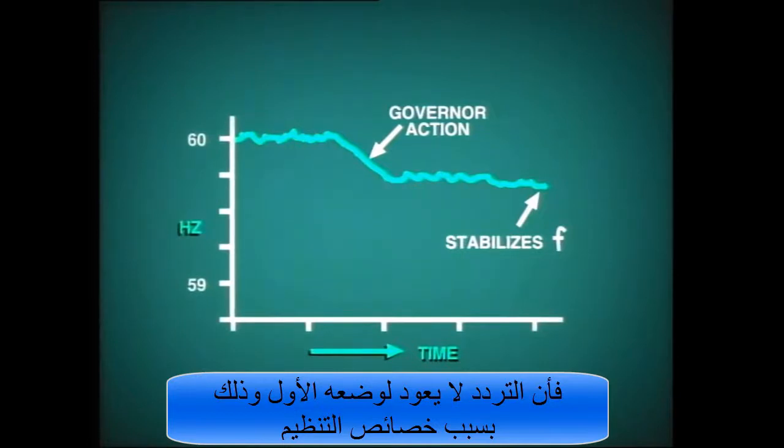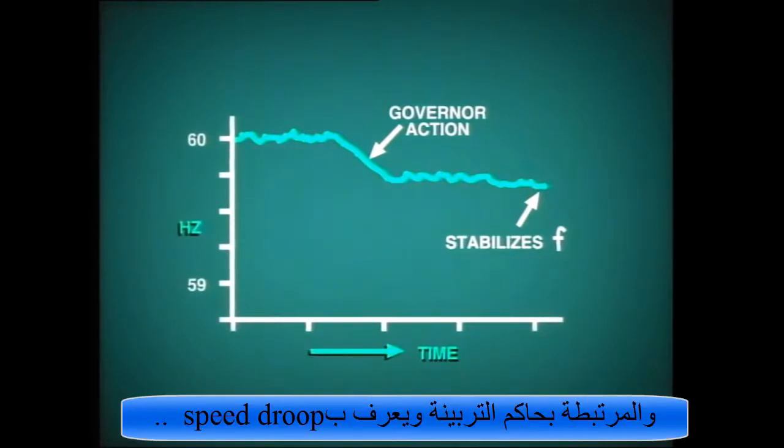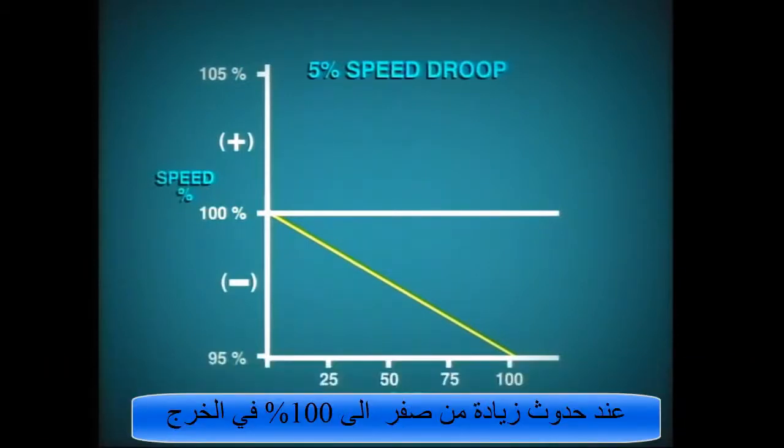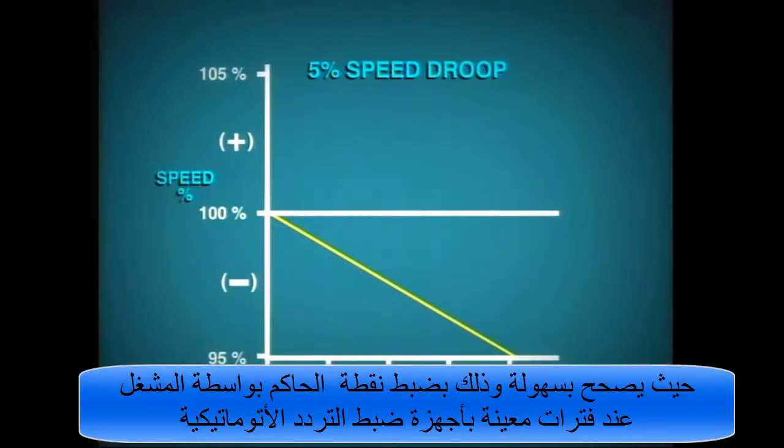This is due to the regulating characteristic which is built into the governor known as speed droop. Typically, the turbine governor is set to regulate at 5% speed droop as applied load increases from 0 to 100% power output. Of course, this situation can be corrected easily by adjusting the set point of the governor.